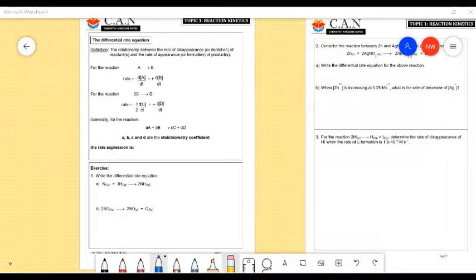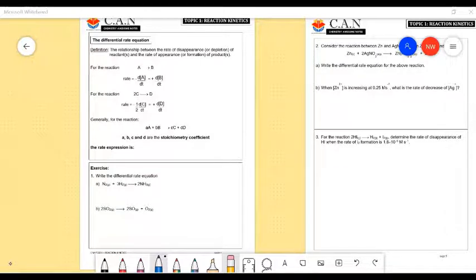So, we look next at the differential rate equation. The differential rate equation is the relationship between the rate of disappearance, or depletion, of the reactant and the rate of appearance of the product. So, with the differential rate equation, we look at the rate of reaction for the consumption of the reactant and also the rate of reaction for the formation of the product.